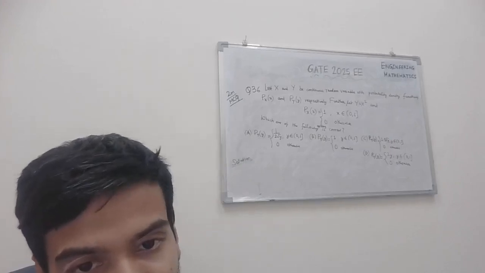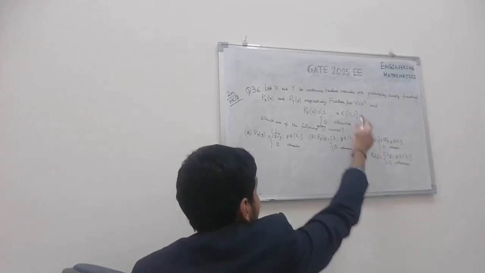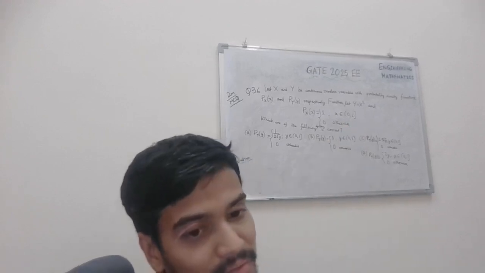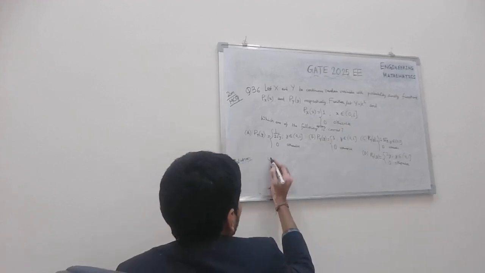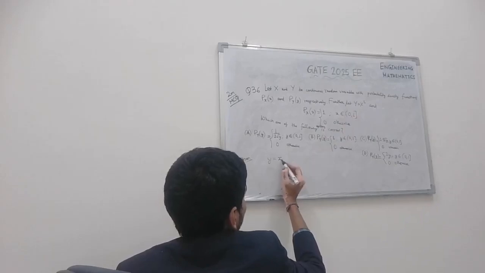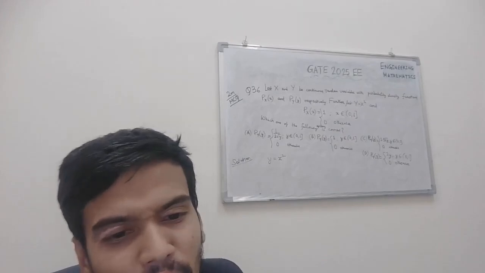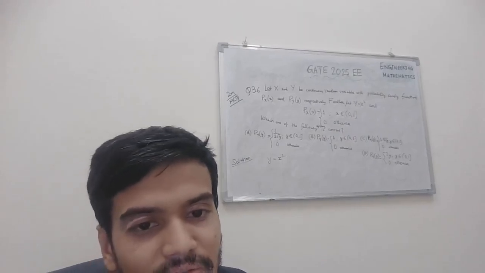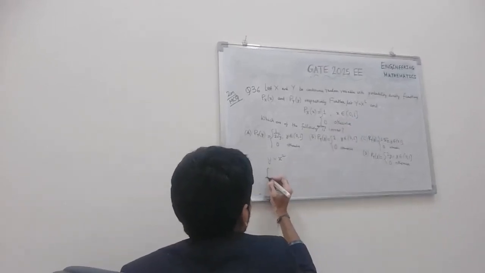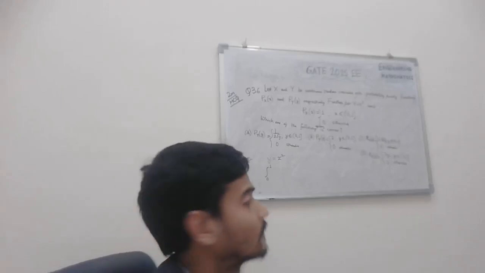According to that, y equal to x square, so the random variable y equals the square of the random variable capital X. We know that if we integrate the probability density function from minus infinity to infinity, we get unity, that is the probability is 1.